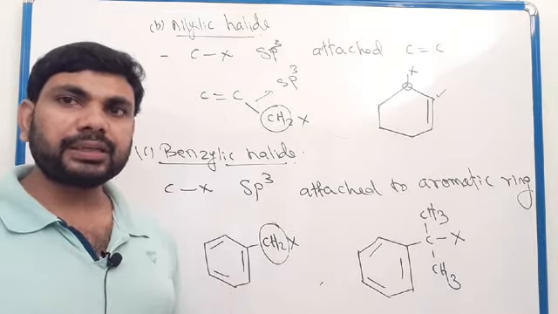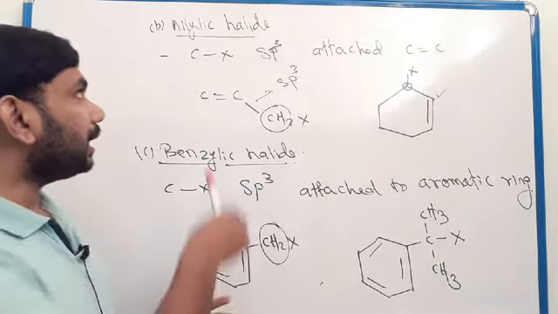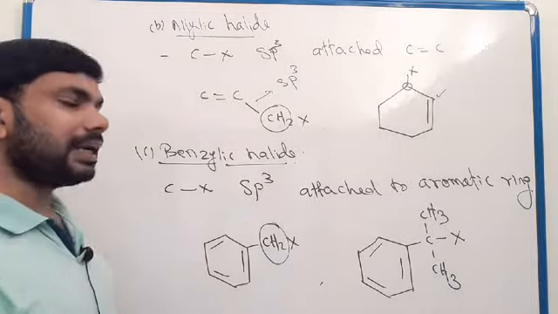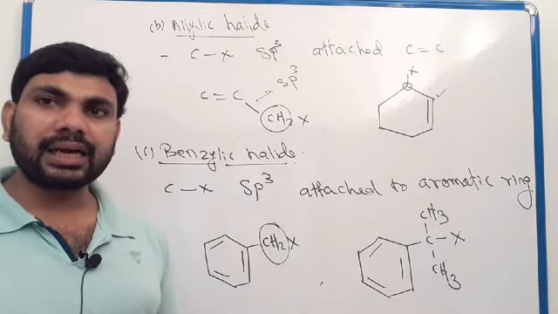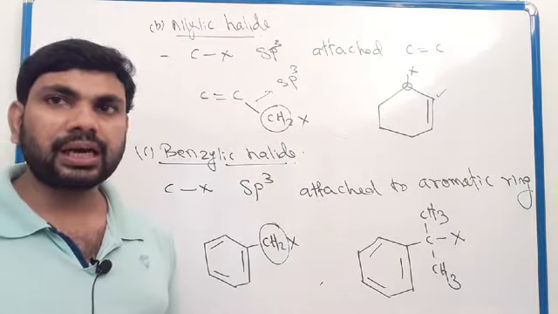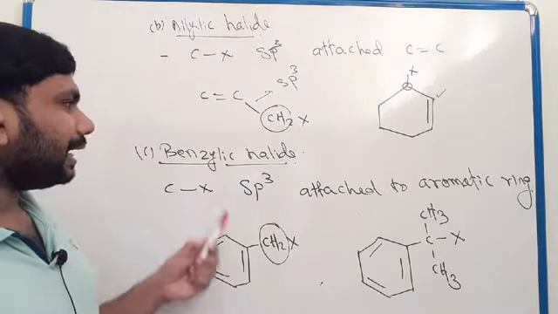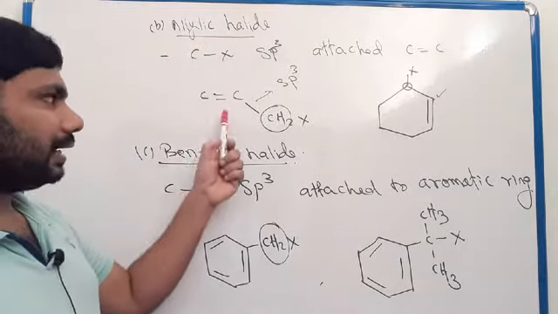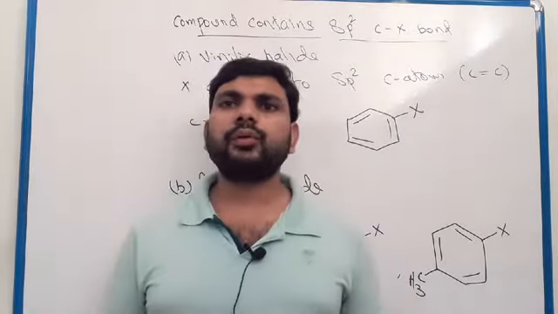This sp3 hybridized carbon with halogen is classified as allylic halide, benzylic halide. Also we classified primary alkyl halide, secondary alkyl halide, tertiary alkyl halide. Okay, so here benzylic halide and allylic halide. Remember this.